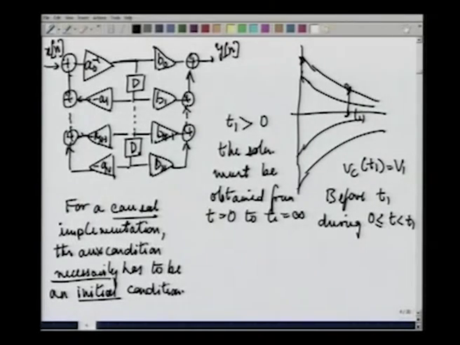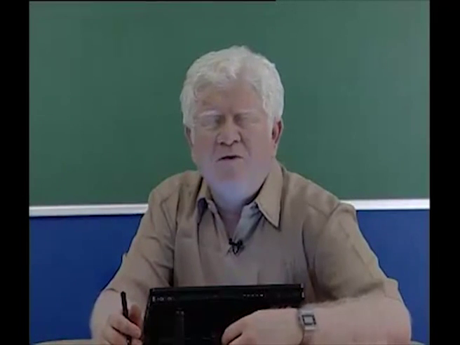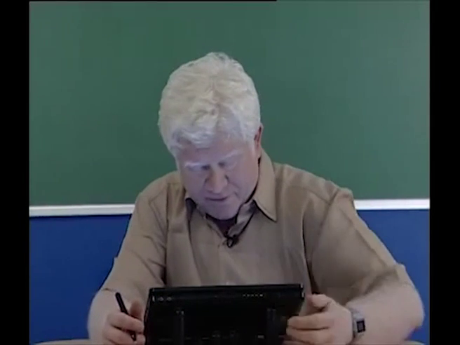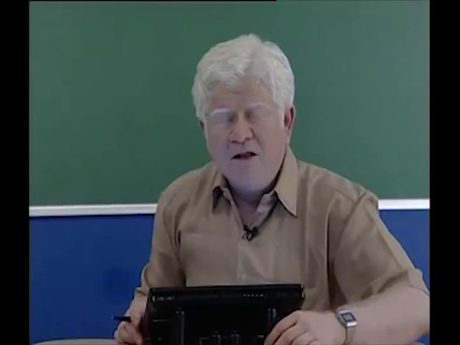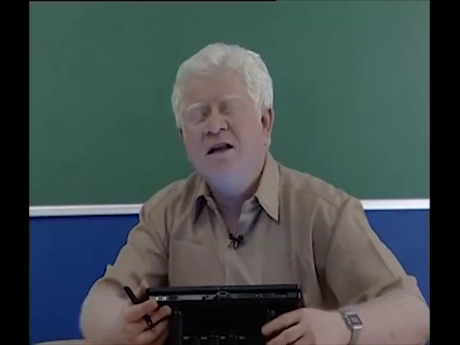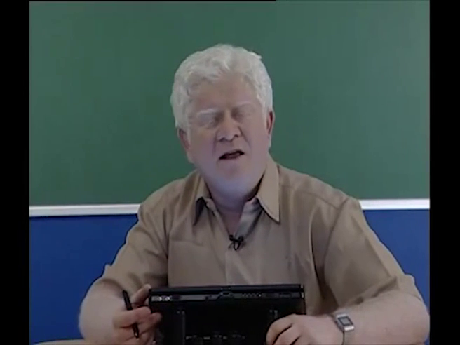All right. This takes nothing away from the arguments we proposed at that time. They were not wrong, they were perfectly right. It is simply the fact that in a causal implementation, it becomes necessary to specify the auxiliary condition right at the beginning, so that the correct curve can be chosen out of the possible curves and developed over time until t equal to infinity. This does not negate anything that was said before.